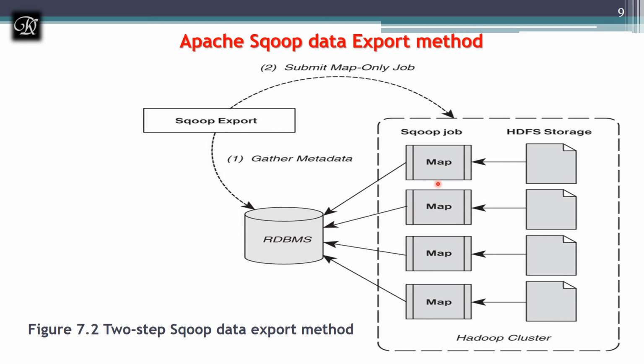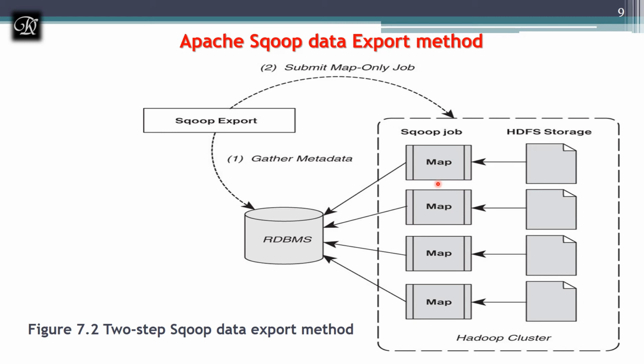First, examine the database: for which database I am sending, whether it's a MySQL database, an Oracle database, a Postgres database, or it might be MongoDB. We should know for which database I am exporting, because each database accepts different formats while importing, right? So first we should know the database information. We'll gather the metadata of that.